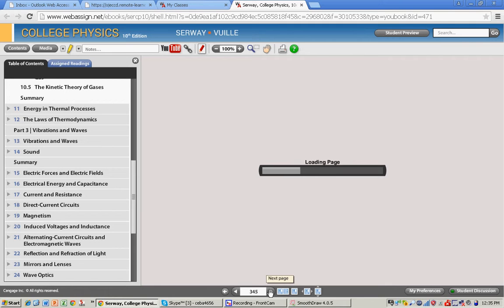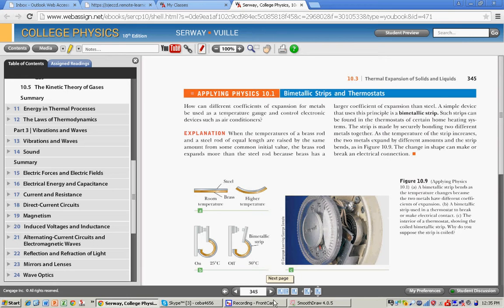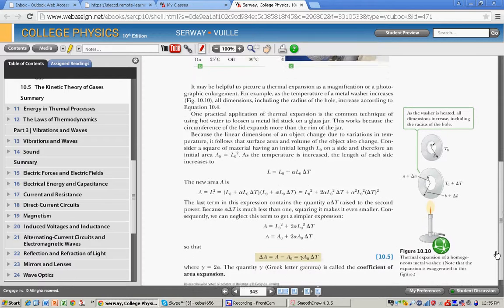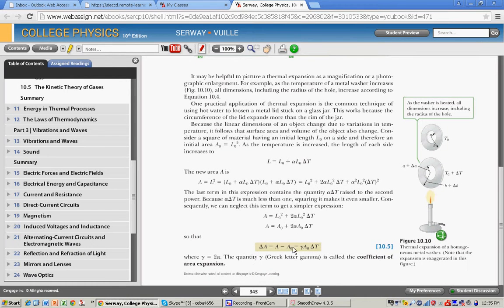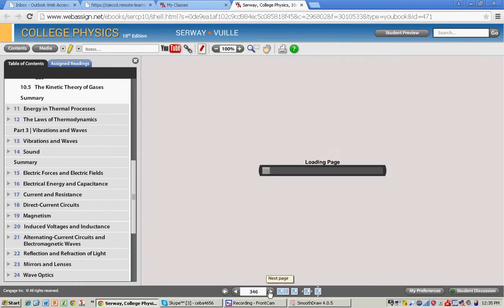And it is found that this is also true not only for linear expansion, but also for areal expansion and volume expansion. The coefficients are such that for expansion in area, the coefficient is 2 times as large as the linear coefficient, and for volume expansion it is 3 times as big as the linear expansion.